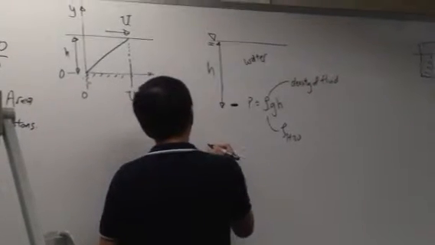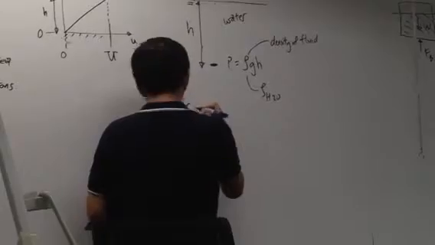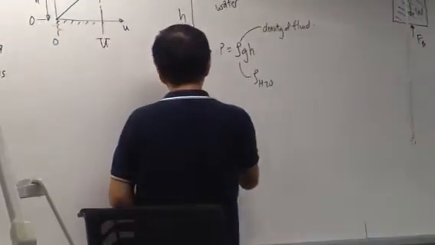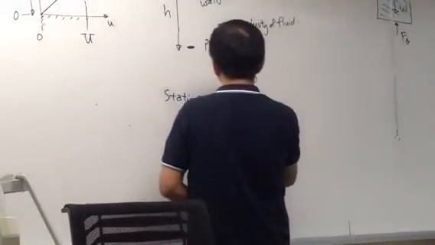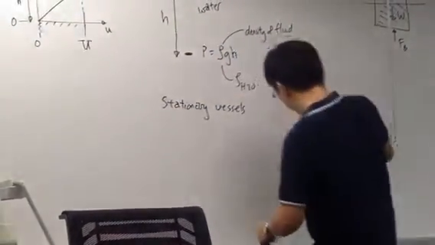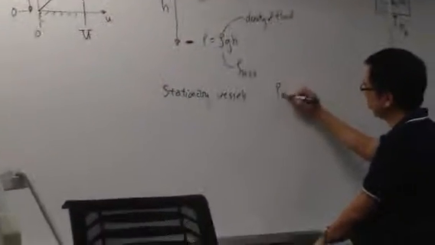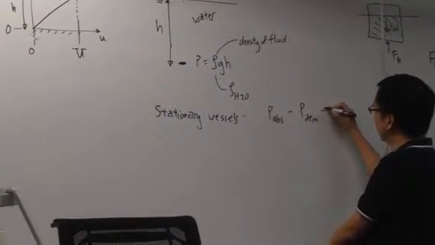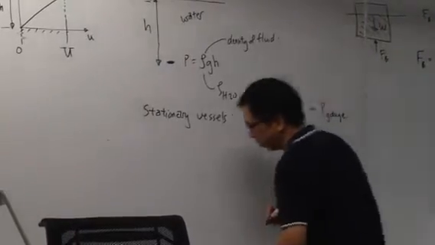One is on stationary vessels. Okay, if I want to classify, it should be stationary vessels, not empty. The equation is absolute pressure equals atmospheric pressure plus gauge pressure.